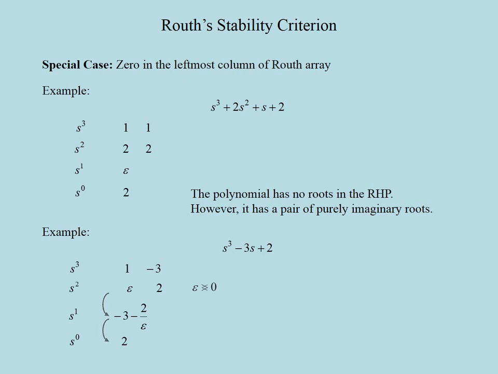On the other hand, for negative epsilon, we again get two sign changes, this time from the first row to the second, and from the second row to the third. That is, regardless of the sign of epsilon, for small epsilon, we have two sign changes in the leftmost column of the Routh array. Therefore, this polynomial has two roots in the right half plane.